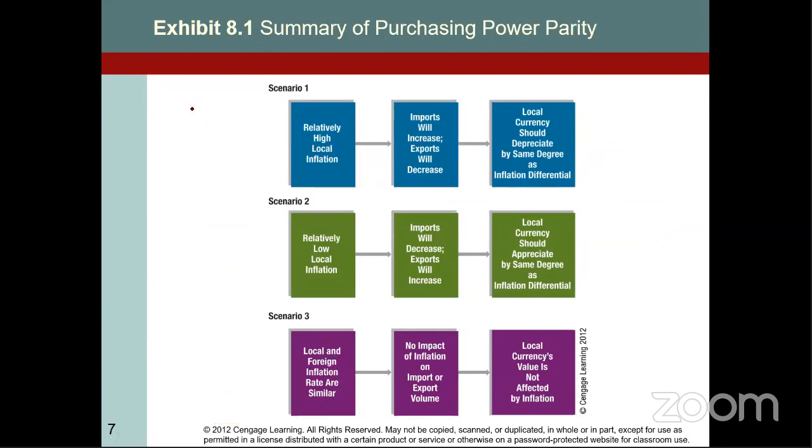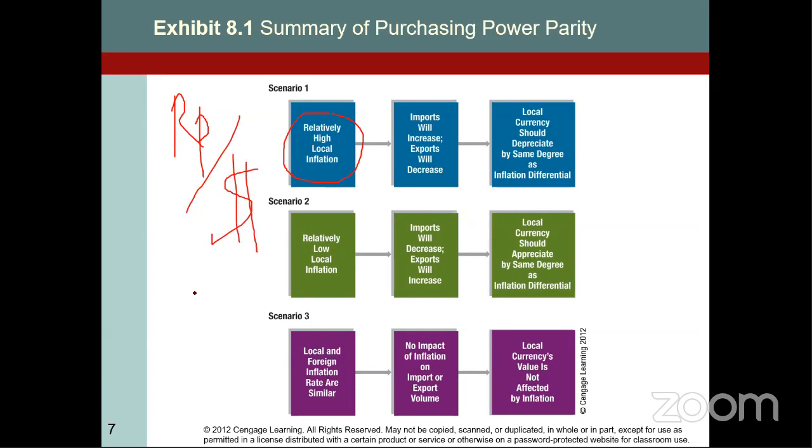Now let's move to the scenario. This scenario is different, okay? If you have a higher inflation rate, this scenario is for indirect quotation, not direct quotation. For direct quotation, you will have something different. So you will have rupiah versus US dollar.